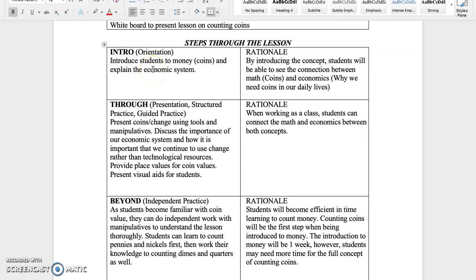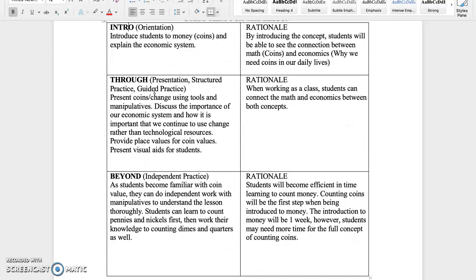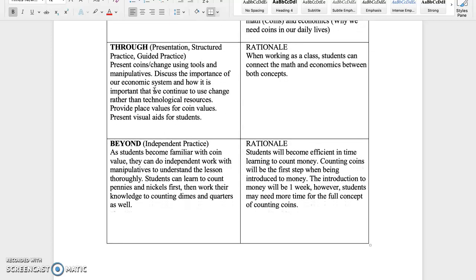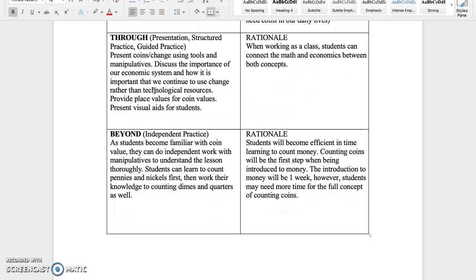I would introduce students to the topic of money and the economic system. Throughout the process, I would present my lesson and use manipulatives to discuss working with money, coins, and the economic system.